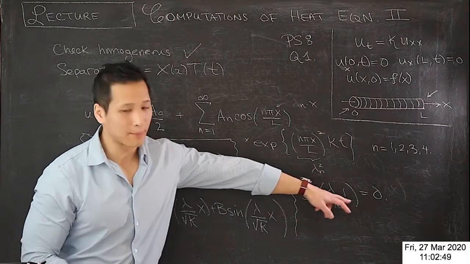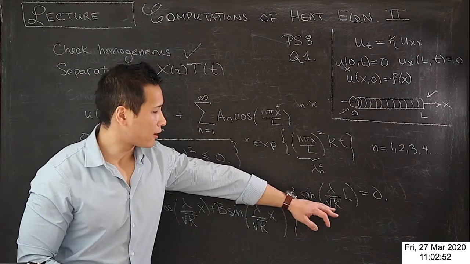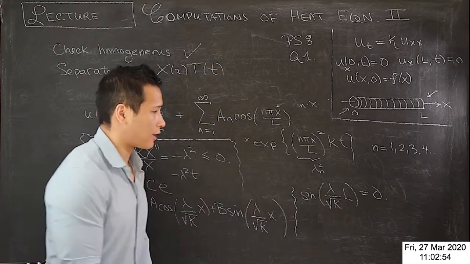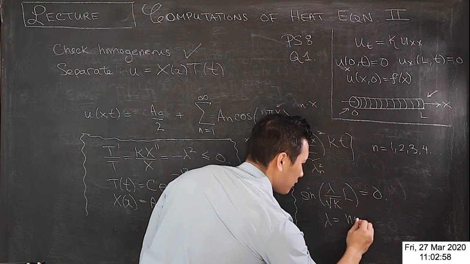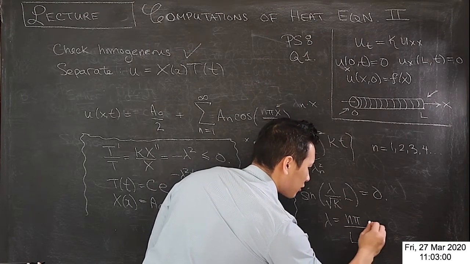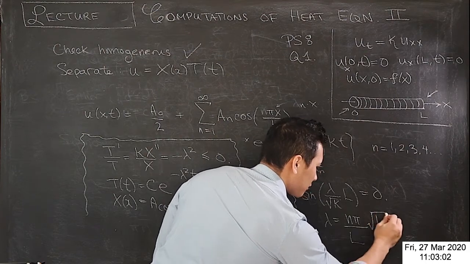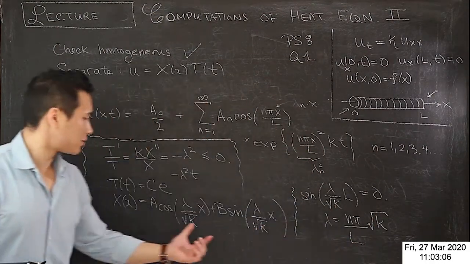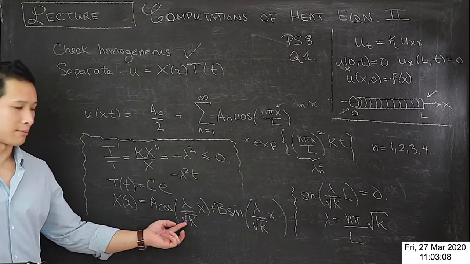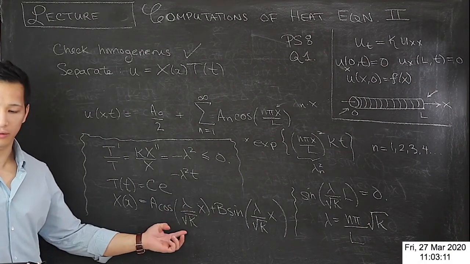Before we only had lambda times L. And so now you have the root kappa sticking around, and so your lambda instead will be n pi over L with a root kappa on top. But then I'm going to substitute this into here, and it all cancels out. I'm left with n pi x over L.